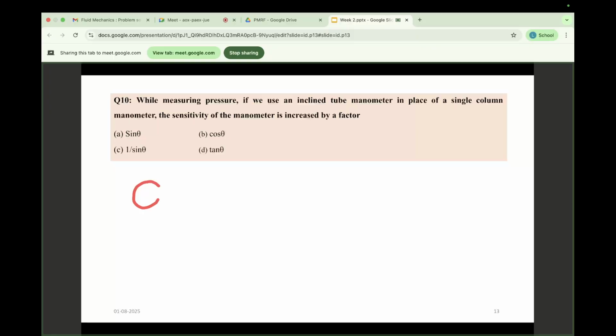So a manometer, so this is a manometer. This is a manometer tube, where say this is point A.